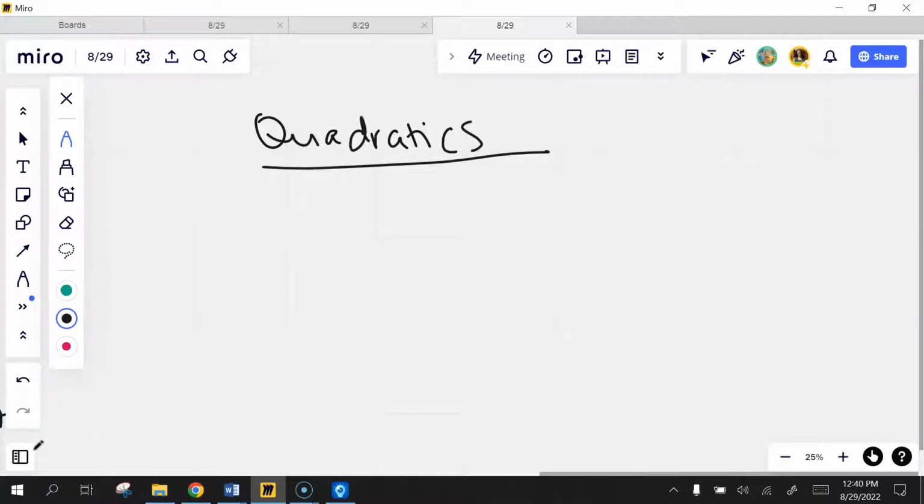Tell me, what is a quadratic? Okay, its graph forms, not a U, what do we call it? That's called a U, yes. All right, we get a parabola.